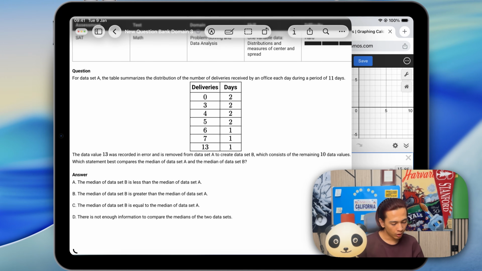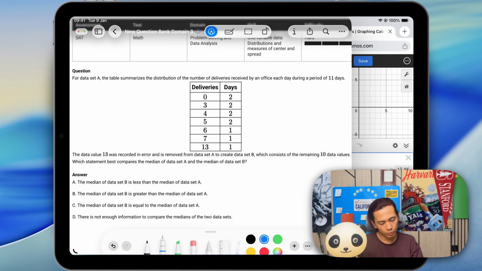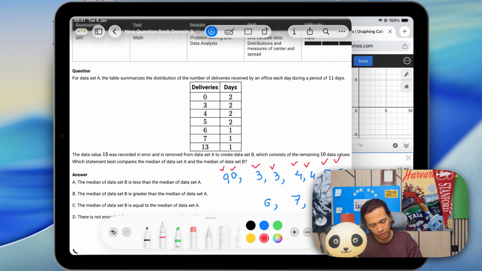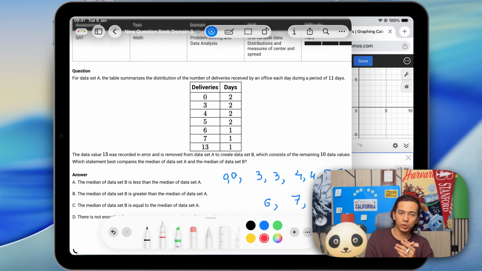The data value of 13 was recorded in error and is removed from dataset A to create dataset B. So dataset A was basically 0, 0, 3, 3, 4, 4, 5, 5, 6, 7, 13. In total, how many do I have? It should come down to 11: 1, 2, 3, 4, 5, 6, 7, 8, 9, 10, 11. Everything's correct. And then we're just removing the 13 to see what happens.